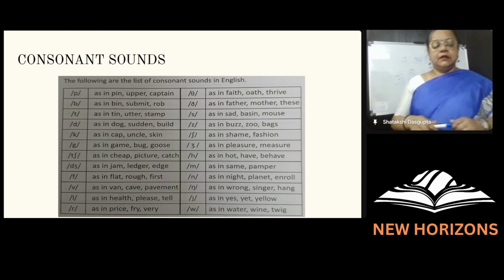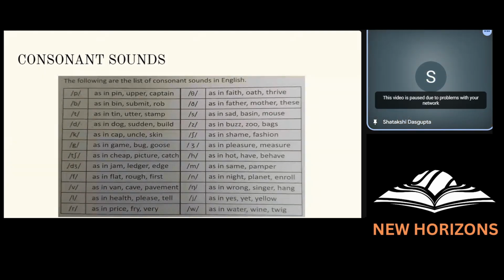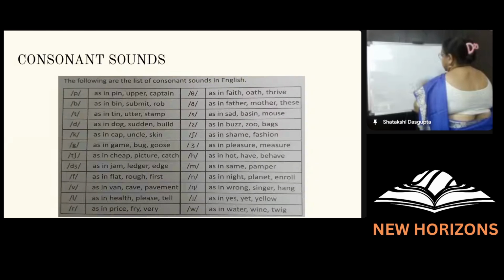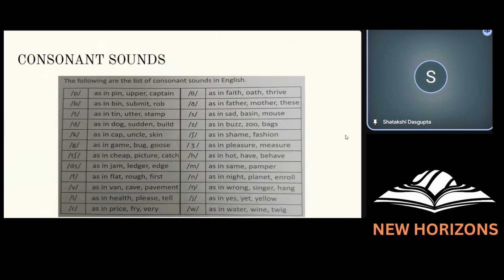Next one, ra. Then you will notice that there are two symbols. One symbol is something like O, and somebody has cut its stomach into two pieces.